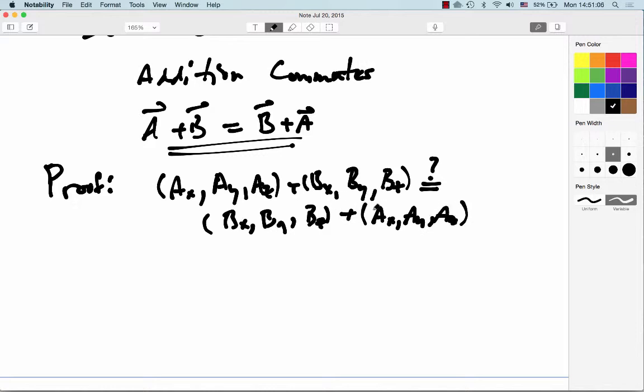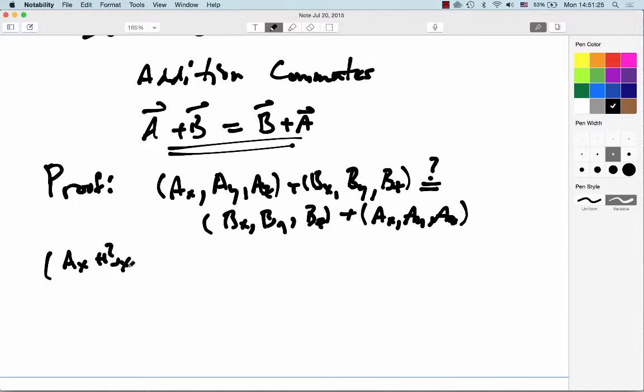Now, it would be tempting to just flip these two, but then you would have been assuming the truth of what you're trying to prove in order to prove it, and that'd be a bit of a no-no. So you actually have to go ahead and do the additions.